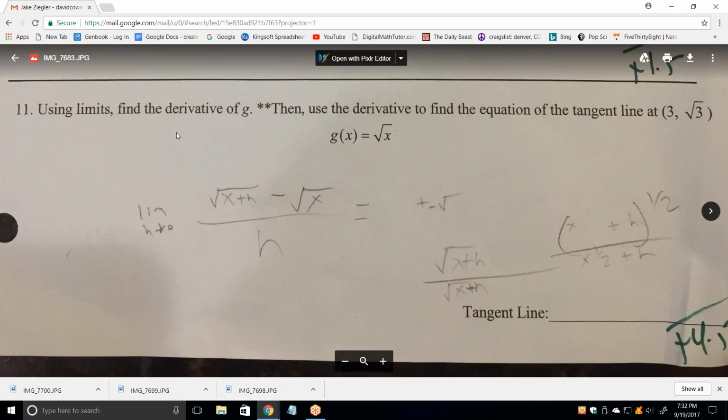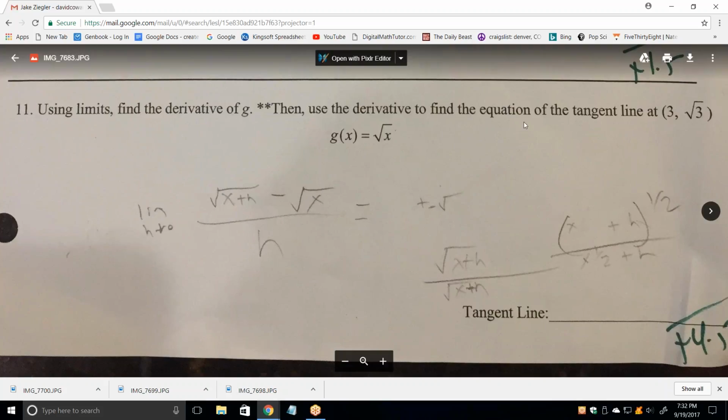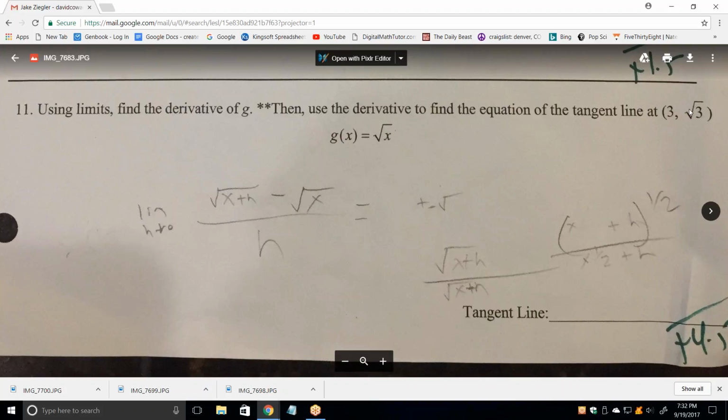Using limits, find the derivative of g, then use the derivative to find the equation of the tangent line. Well, the derivative is going to give us a slope, right? Yeah. And there's the point. So we're going to have a number for a slope, and we're going to use point-slope format.